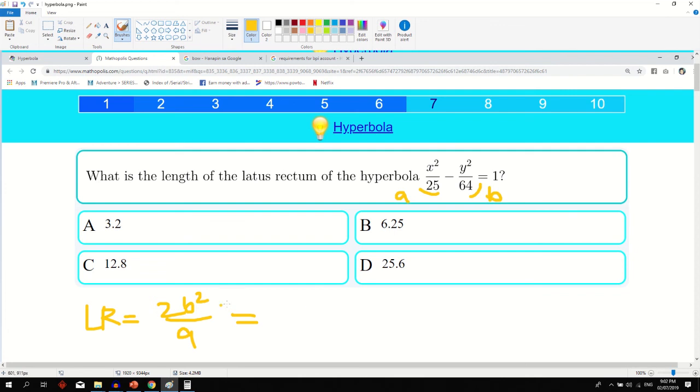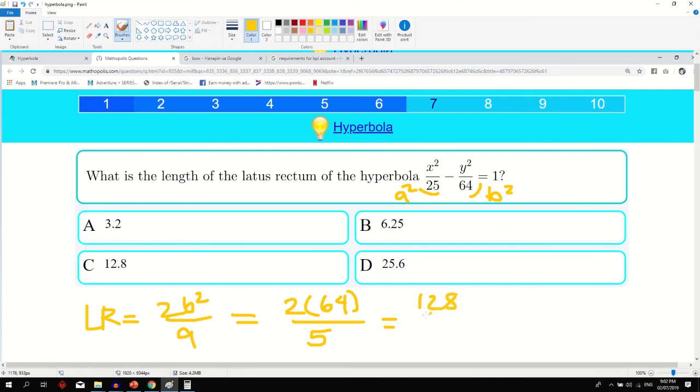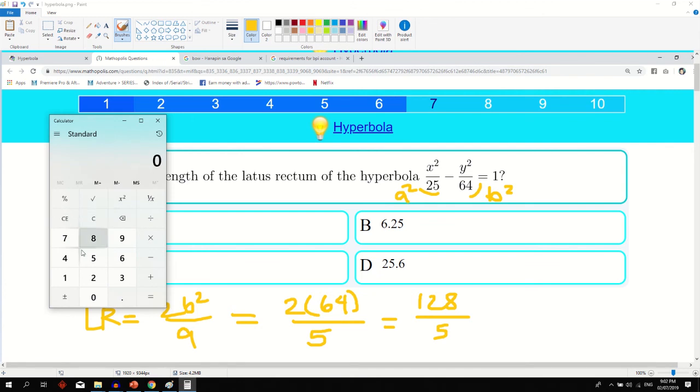What is the b square? 64. This is the a square, this is the b square. So a is the square root of 25, which is 5. So 2 times 64 equals 128 over 5. Okay, so we'll divide: 128 divided by 5 is equal to 25.6.